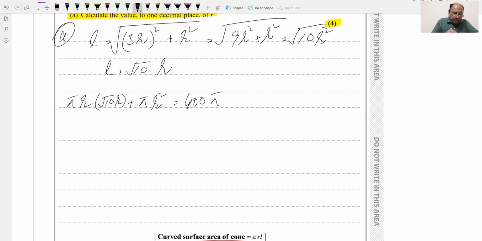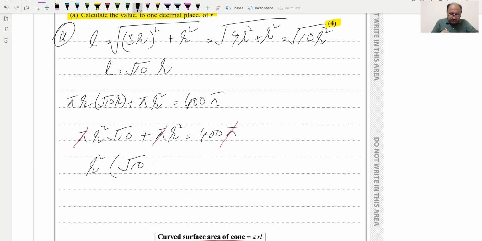And now this will be pi r squared root 10 plus pi r squared is equal to 400 pi. Now pi throughout we can cancel, and from the remaining portion we can take r squared common, and it will be root 10 plus 1, equal to 400.